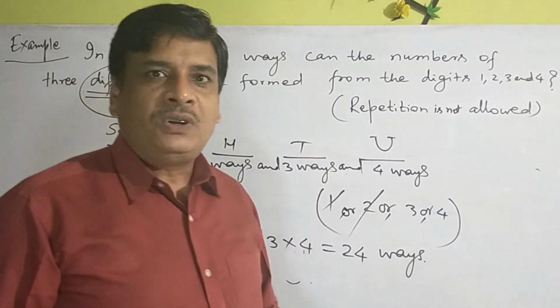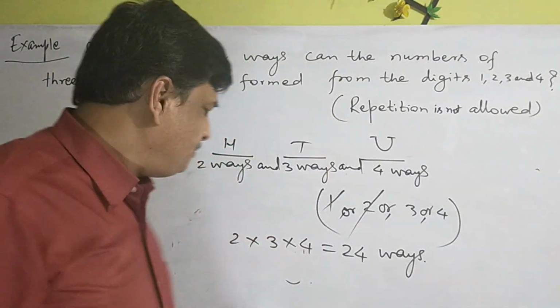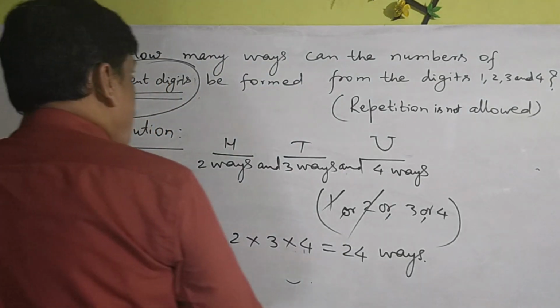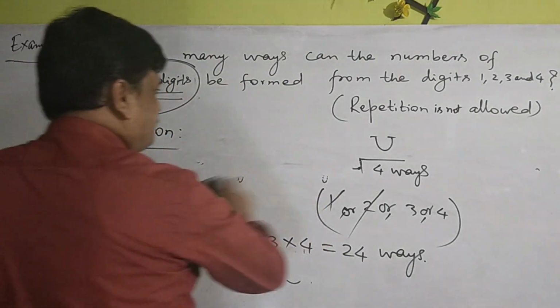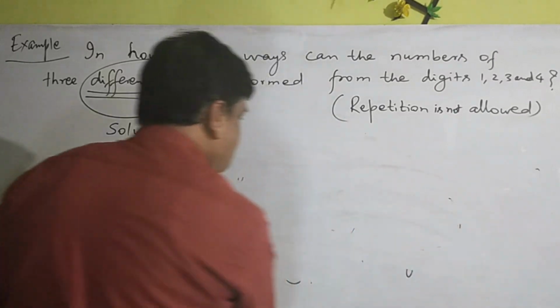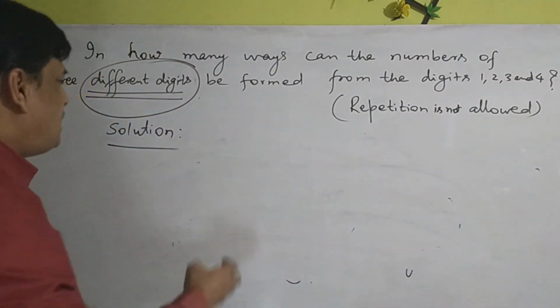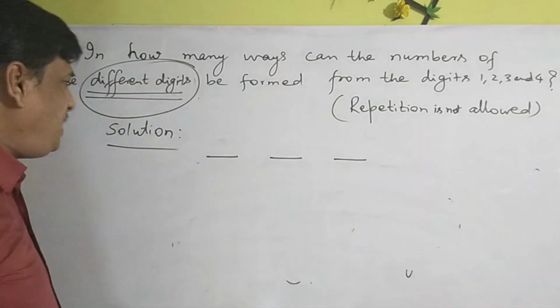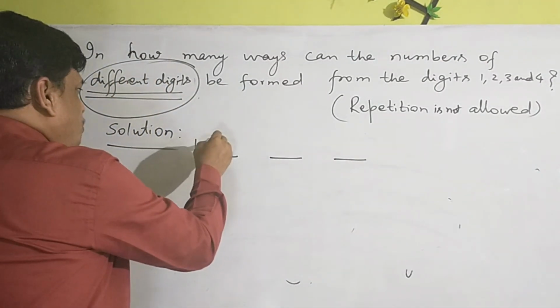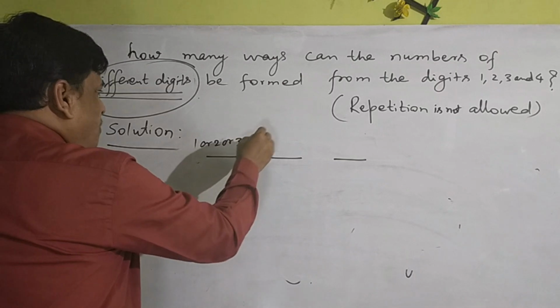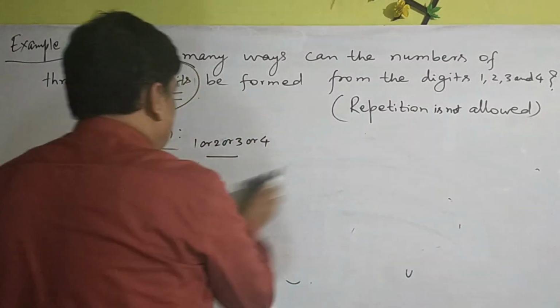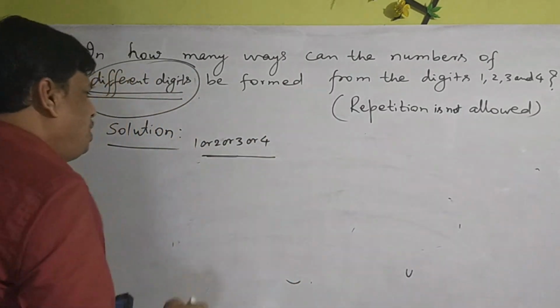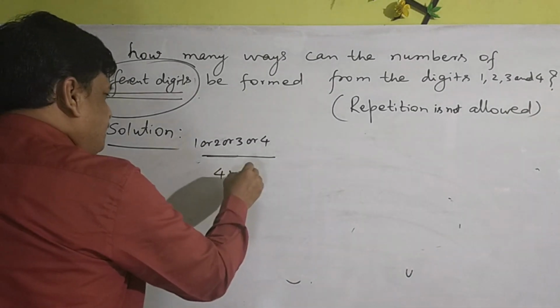We can observe this with the help of a diagram. We can also write the same thing as: at the hundreds place we can use 1 or 2 or 3 or 4. We have 4 options for the hundreds place, meaning 4 ways.